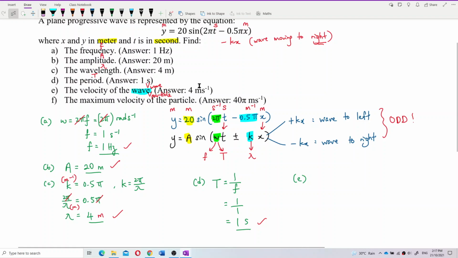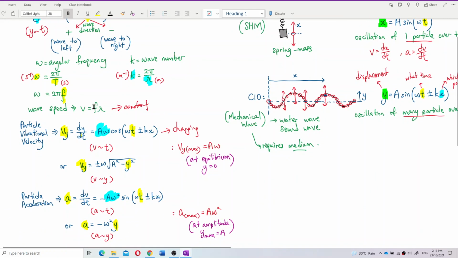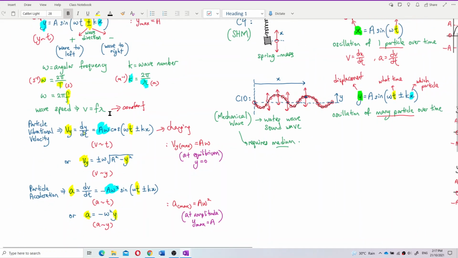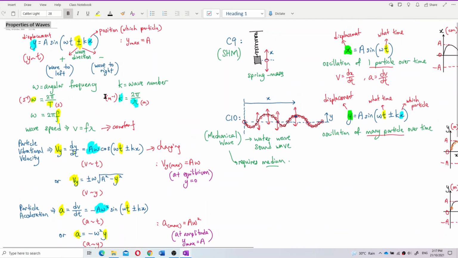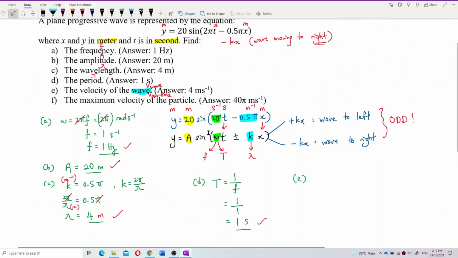Wave speed is v equal to f lambda. So let's write down the formula. The speed of the wave is v equal to f lambda.